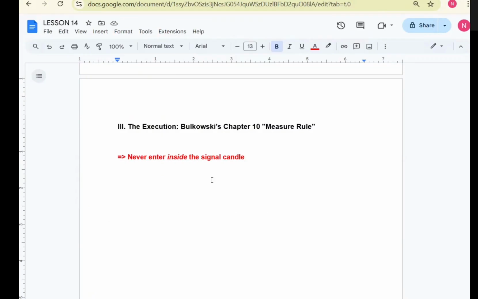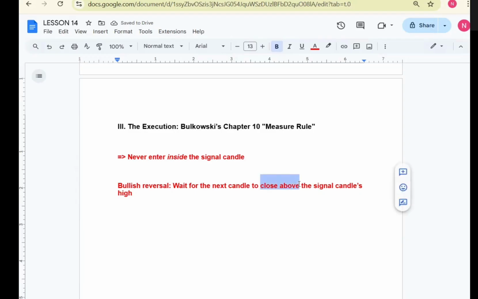Because for the bullish reversal, let's wait for the next candle to close above. And for the bearish reversal, you can wait for the next candle to close below.